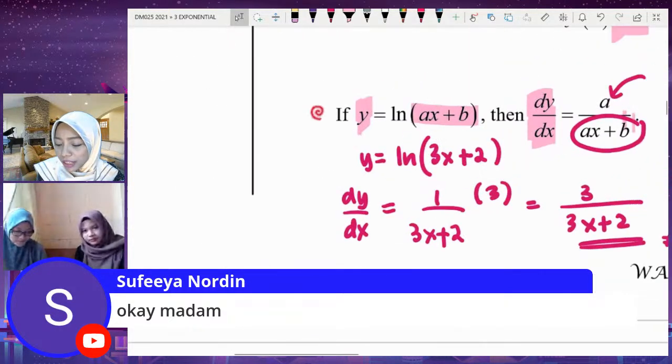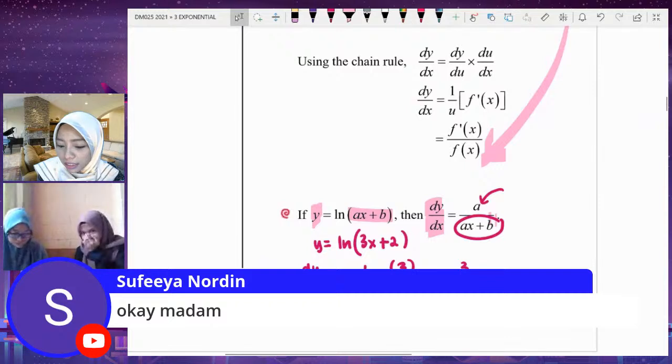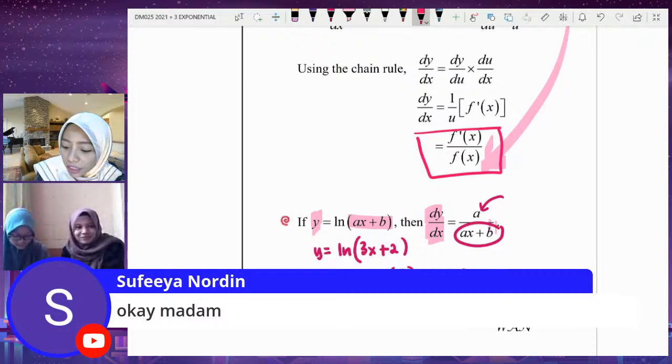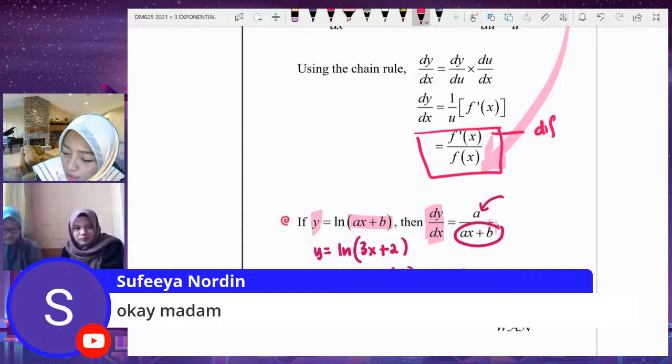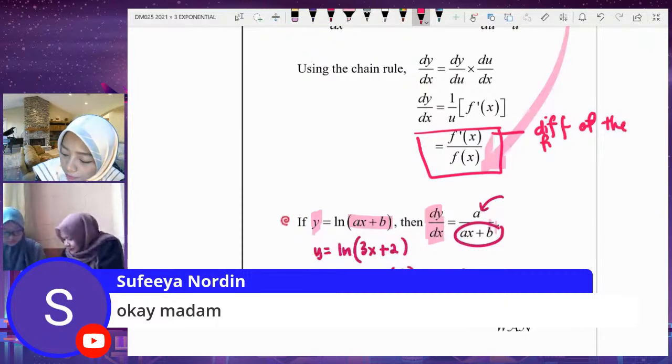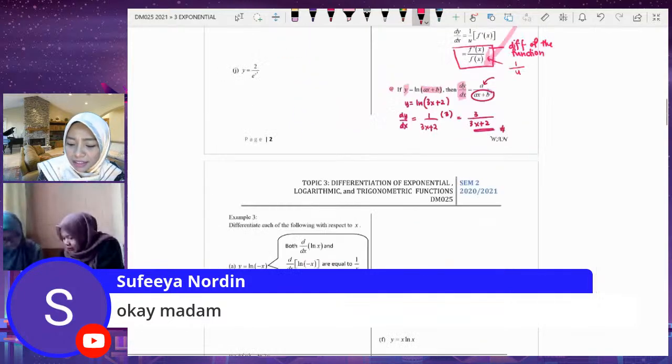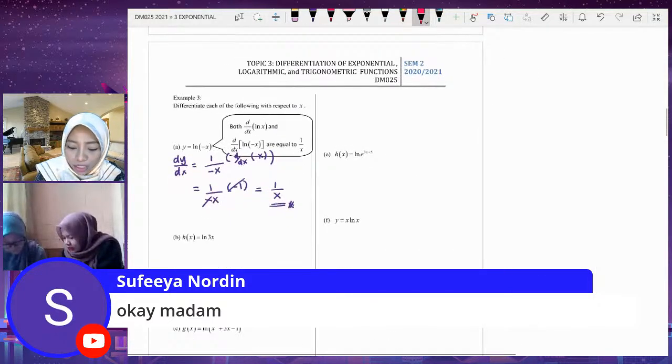I am going to highlight it again. Here it is. 1 over f(x) multiply with the differentiation of the function. You can write this in your notes. This is the differentiation of the function. And note here, this is 1 over u or 1 over f(x), doesn't matter. What's important is that it is at the denominator.